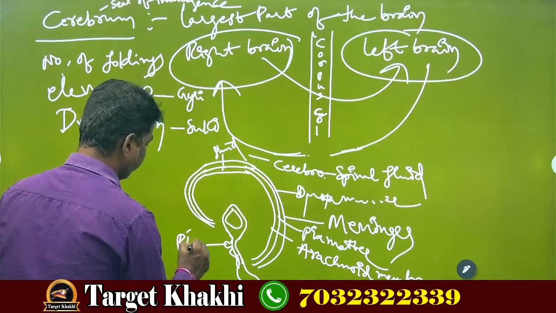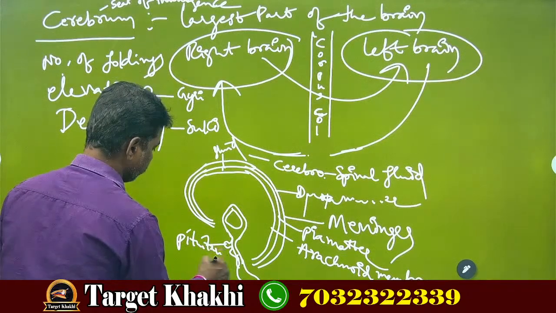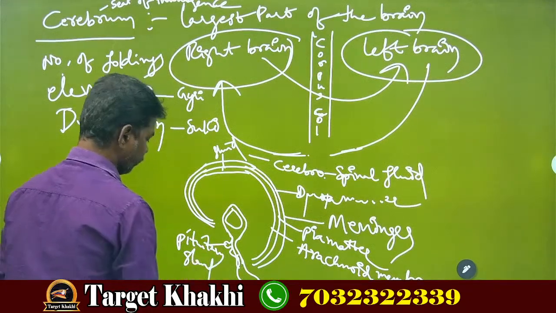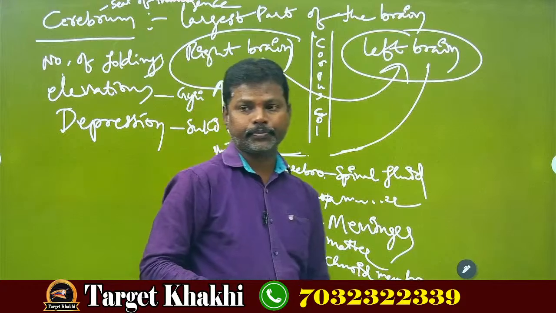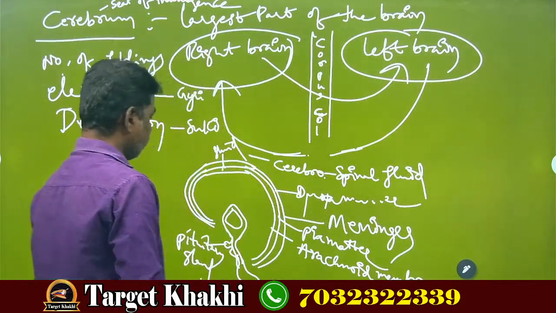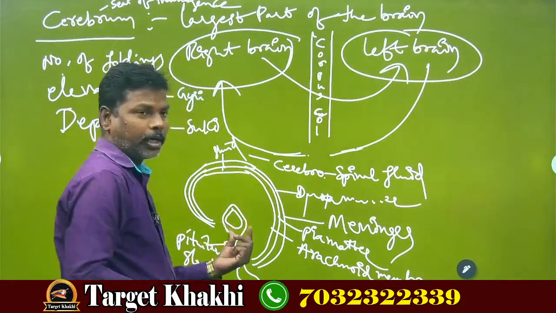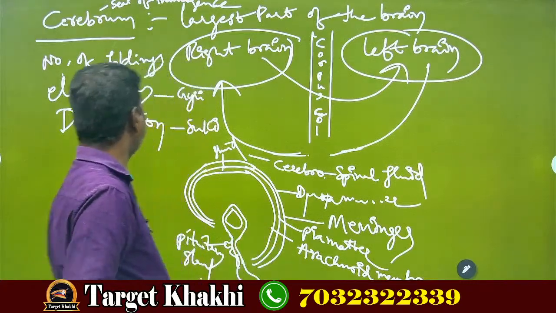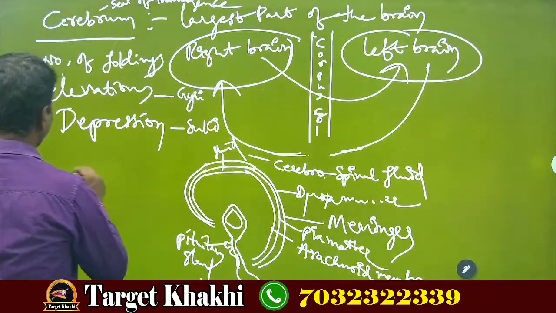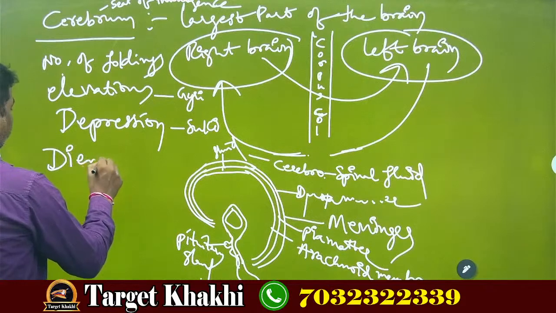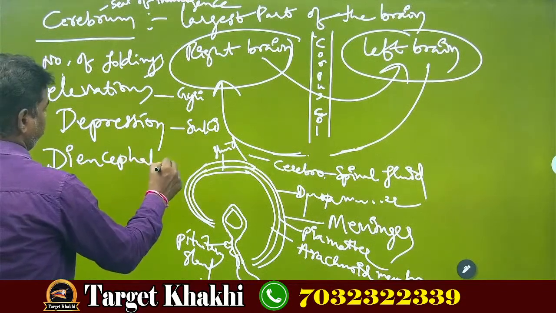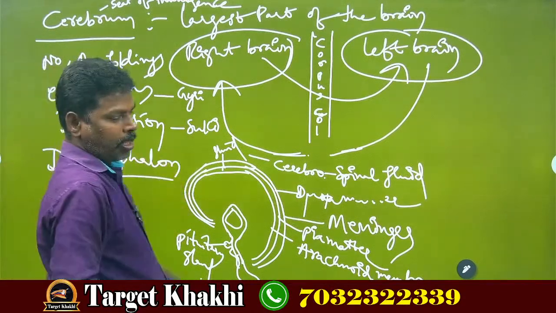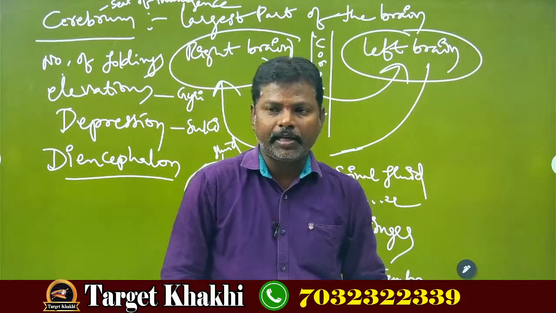This is called the pituitary gland, right? So in the brain, whatever rhomboidal shape is there, that is called diencephalon. The second part, diencephalon. What is the main function of this diencephalon?